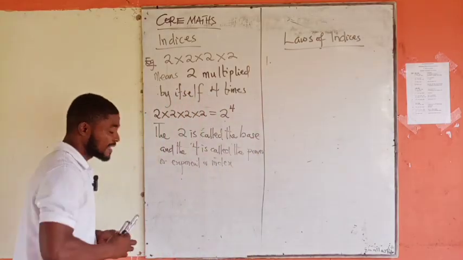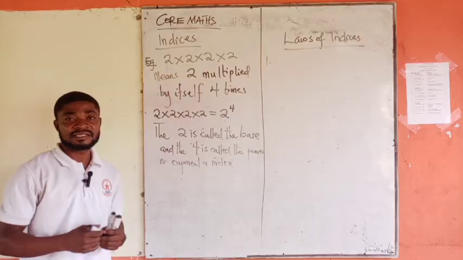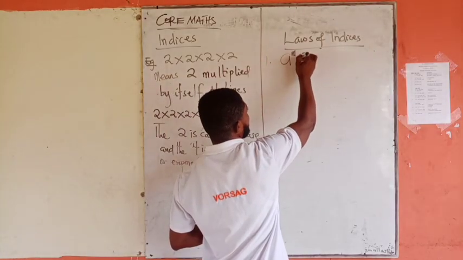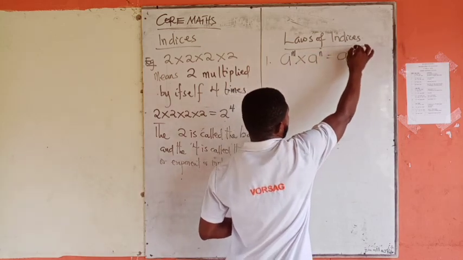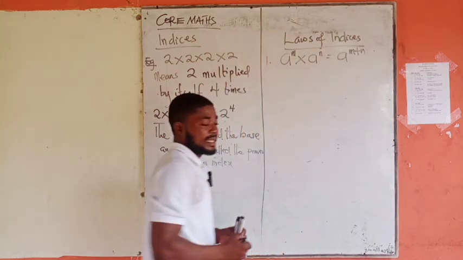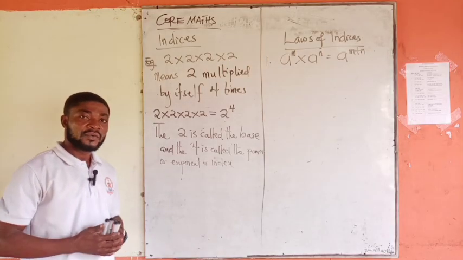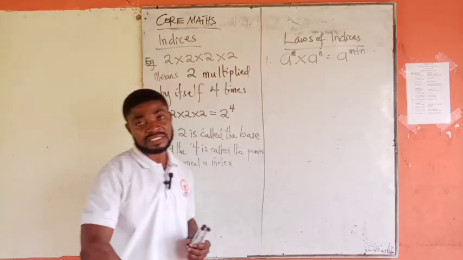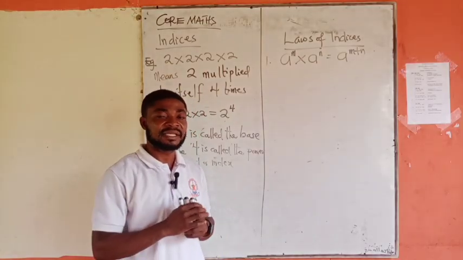So the first law of indices has to do with the law of multiplication. The law of multiplication of indices says that when we have two numbers multiplying and they share the same base, then we have to add the powers, provided they are multiplying each other.